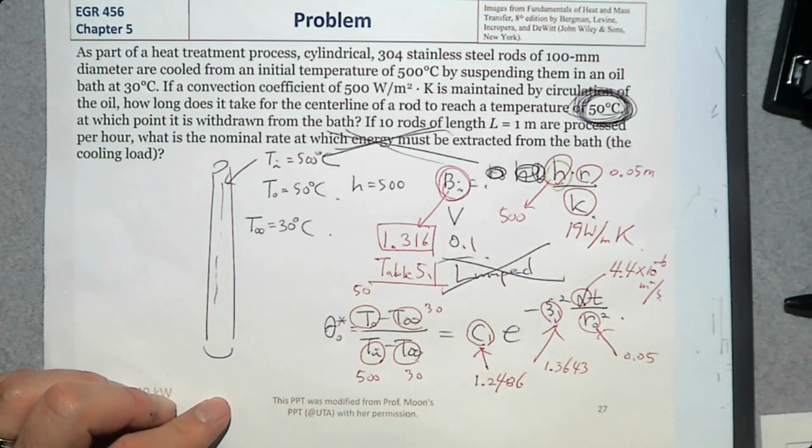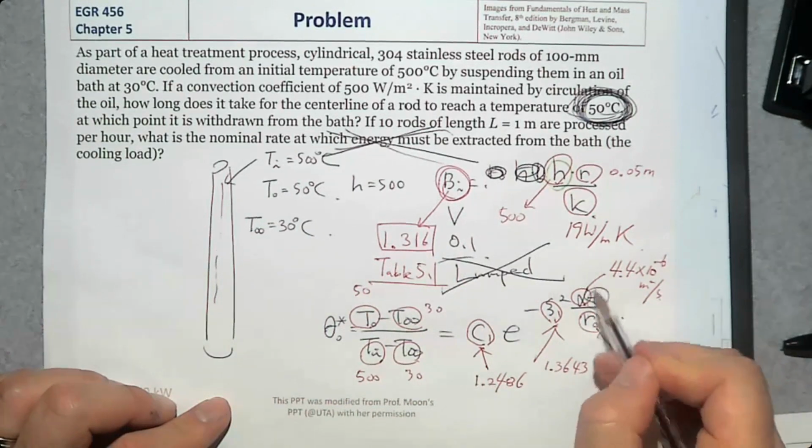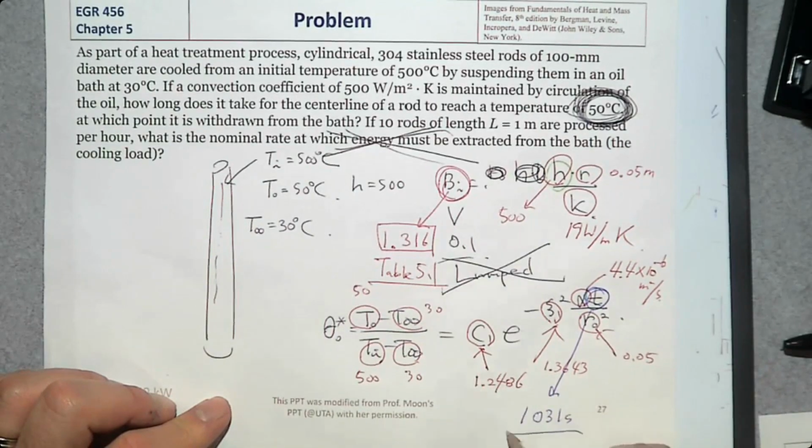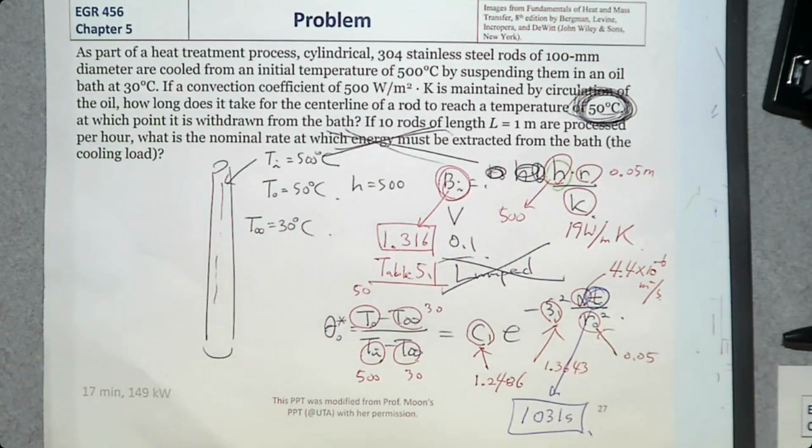So we have everything. Can you determine time t? Yes, we can. Time t is going to be 1031 seconds. So that's how much time you need to put this rod in the oil, which is maintained at 30 degrees Celsius.